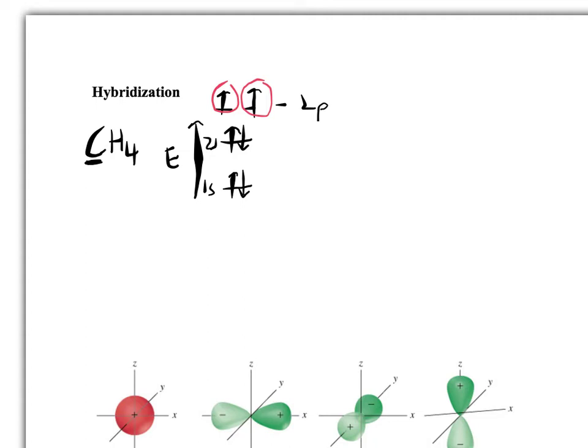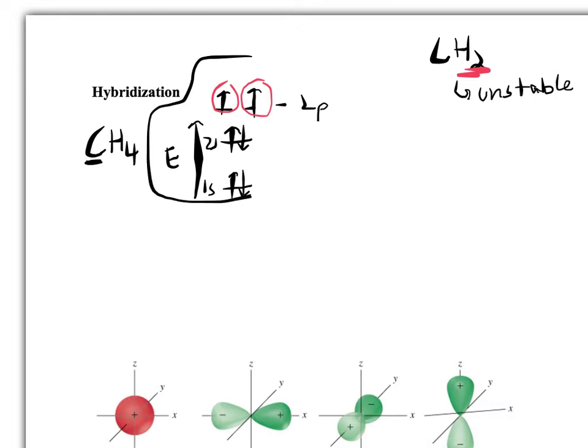However, what's interesting in reality is the molecule CH2, which would be formed if only 2 electrons could bond to another atom, 2 hydrogens, is very unstable. This molecule can be made, but it's very unstable. Even though what we know about atomic orbitals predicts that that should be a very stable structure, because there's 2 valence electrons available for bonding.